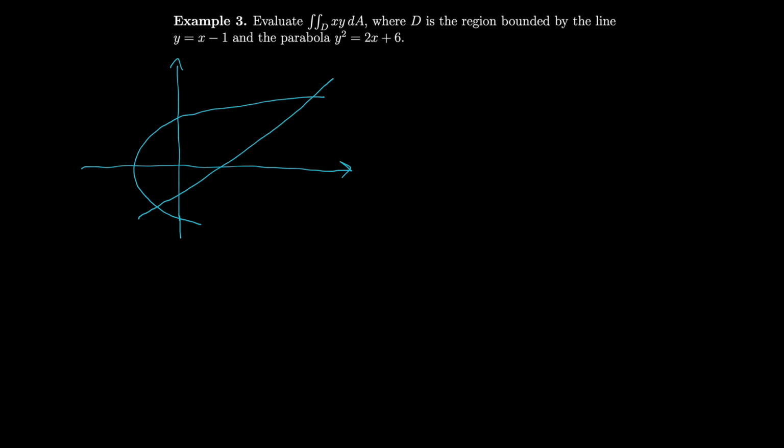And let's see. They should intersect when the two y values are equal. It's probably easier to just write them as x values though. So how about I do x equals y plus 1 for my line, and x equals half y squared minus 3 for my parabola, and then setting those equal to each other, I see they intersect at the point 1, minus 2 and the point 5, 4.